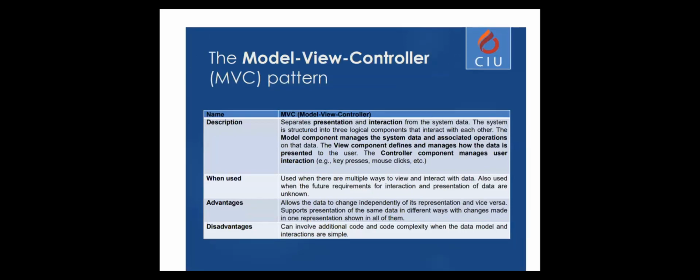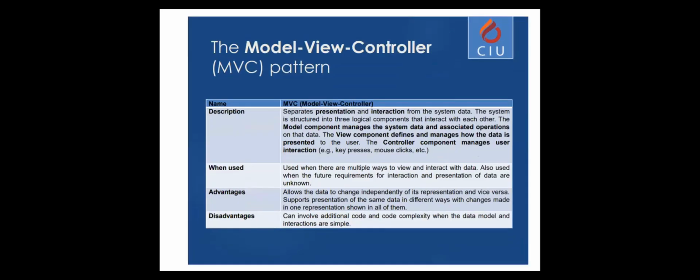Model view controller, also called MVC, separates presentation and interaction from the system data. The system is structured into three logical units, and they are, although associated, completely different from one another.